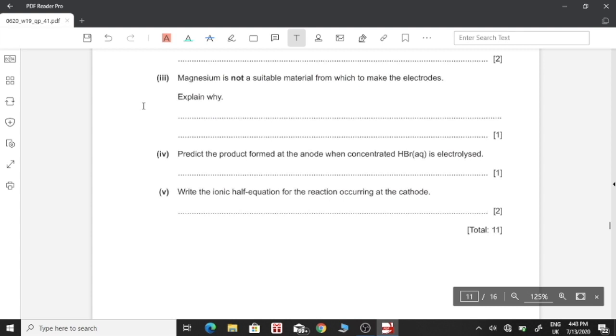Part 3, magnesium is not a suitable metal from which to make the electrodes. Explain why. So magnesium is a reactive metal, so whichever product that we have can react with magnesium.